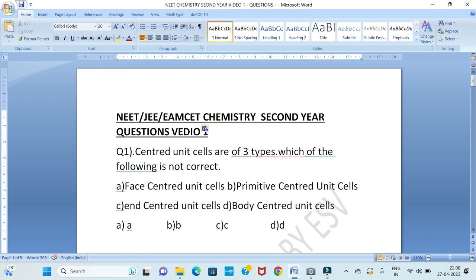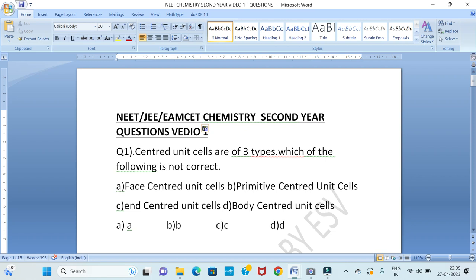Unit cells can be broadly divided into two categories: one is centered unit cells, and the second one is primitive unit cells. For confusing purposes I have given this. Like this, examiners also confuse you. Here also I am giving this option to confuse you.